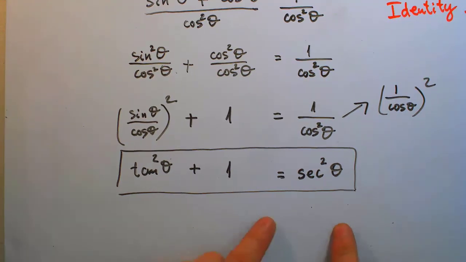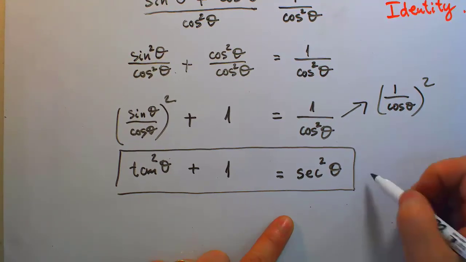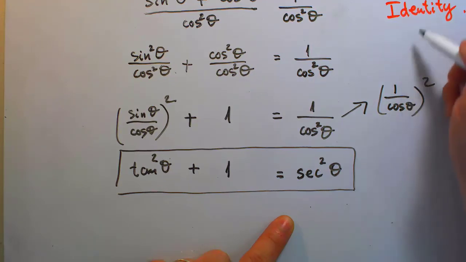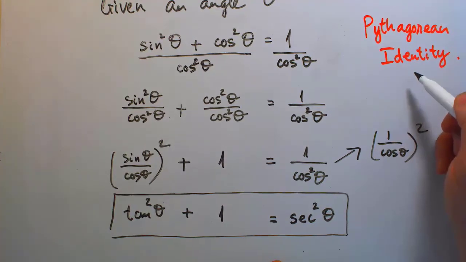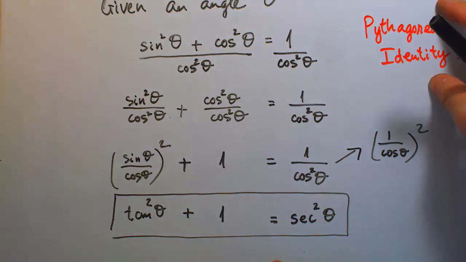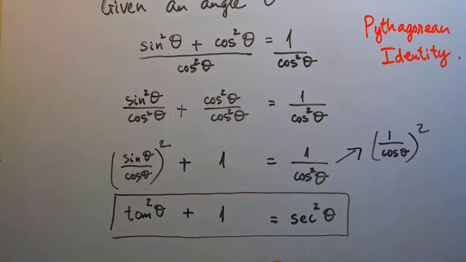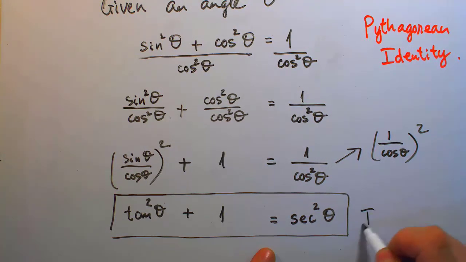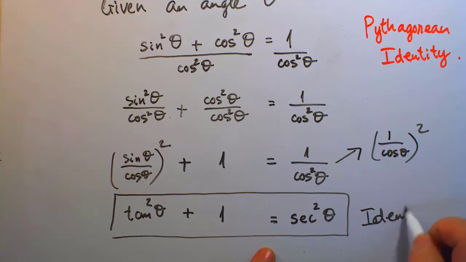This other identity we just came up with is part of the Pythagorean identity. As a matter of fact, Pythagorean identity refers to a whole big family of identities out there, and this one is one among them. So it's another important identity we just found.